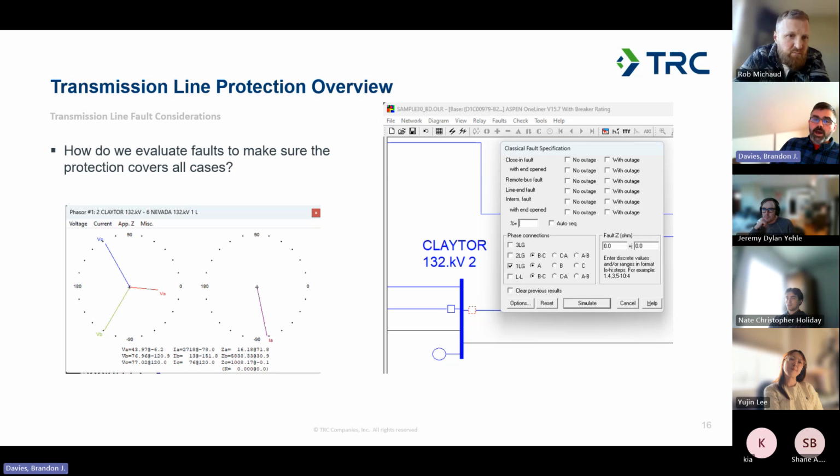So, how do we evaluate faults to make sure they cover all cases? In general, the answer is we do a lot of analysis using tools like Aspen One-Liner.